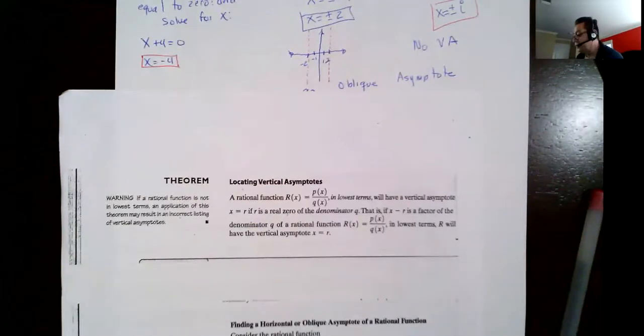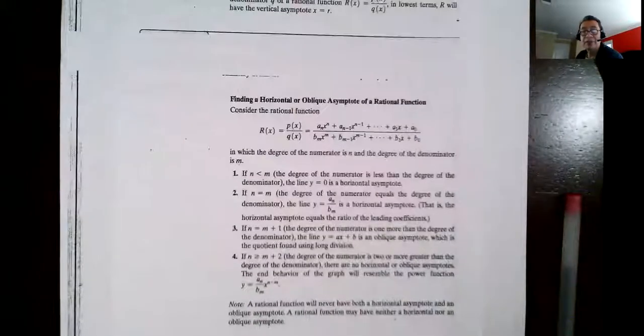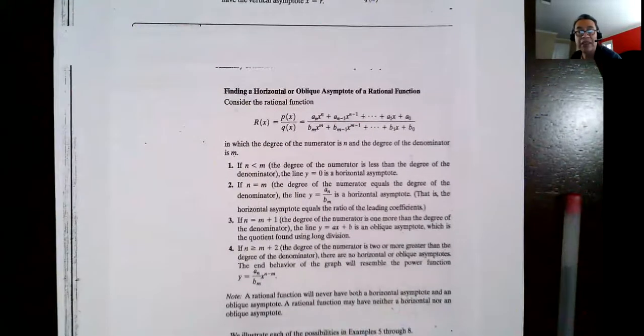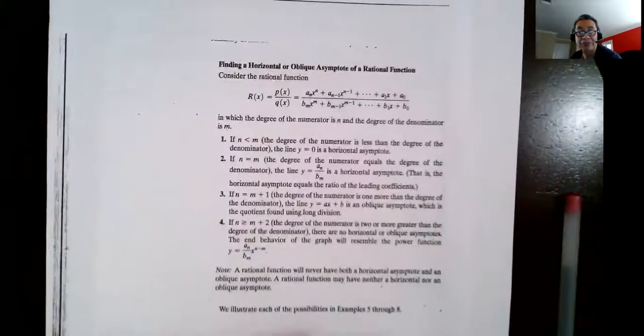But also in the bottom part, it tells us how to find the horizontal or oblique asymptotes. So I'm gonna go over this handout right here, and it's very easy to understand, by the way.